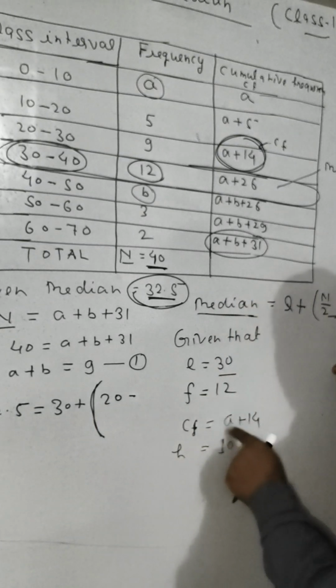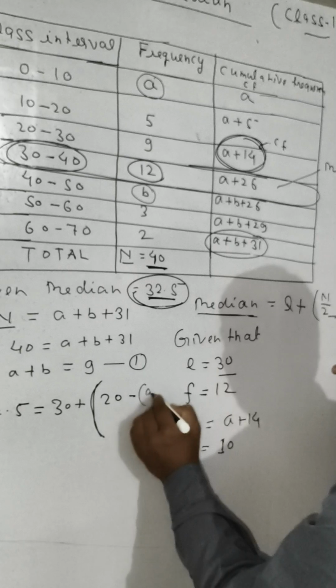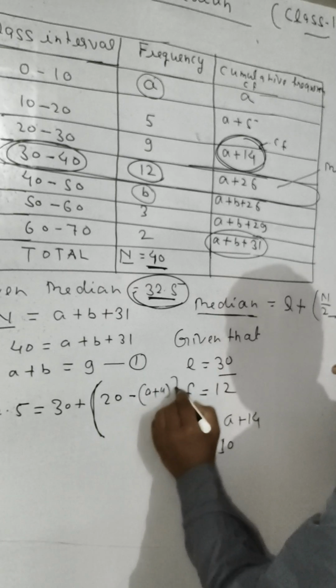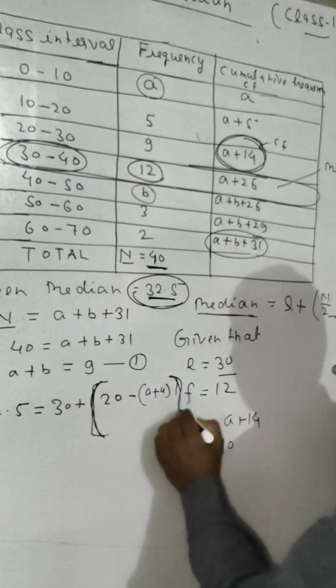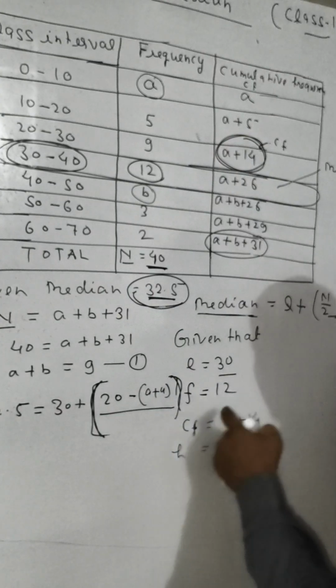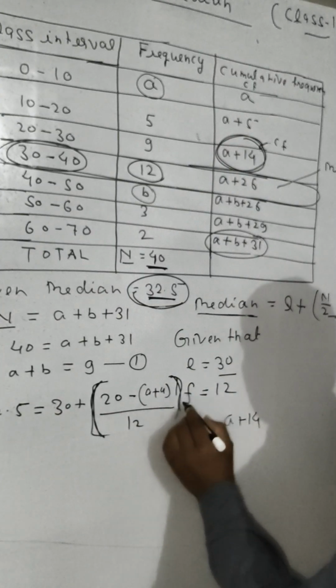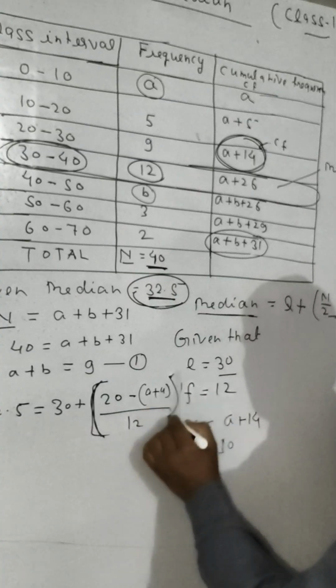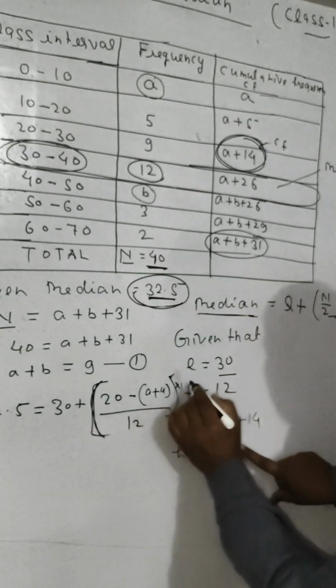CF is A plus 14. F is 12, into H, and H is 10.